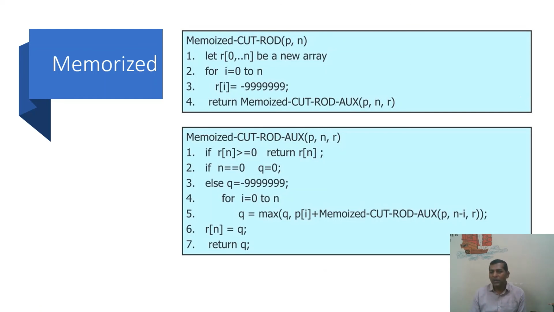So we need memorization, because when we are executing the program, we are also supposed to keep track of which particular rod length will provide the maximum profits. So this memorized rod cut problem will allow us to store the index of those particular rod lengths which have provided the maximum profits. This is what the memorized rod cut algorithm is.